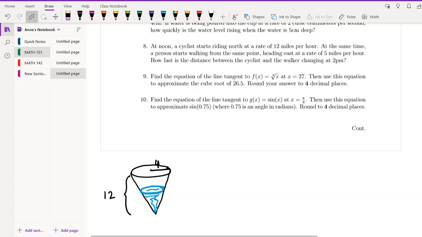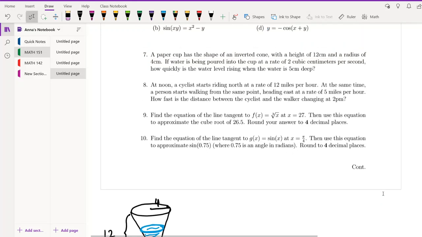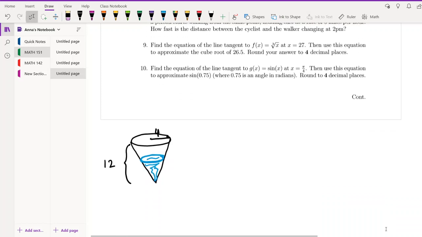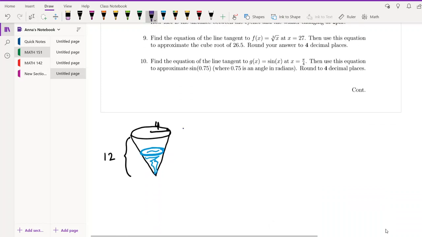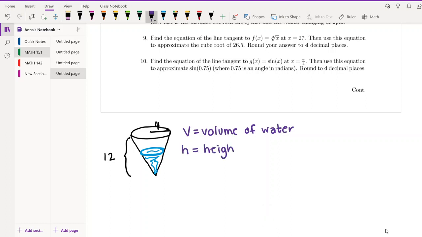And so specifically, it says water's being poured into the cup. So that means that the volume of the water is changing. Volume just means kind of like the total amount. The height of the water is also changing. And the radius of the water is also changing.